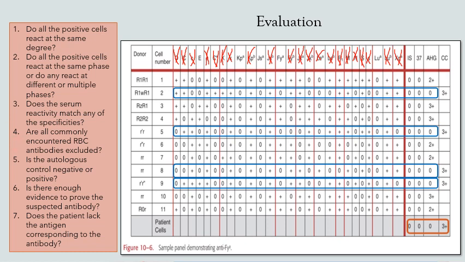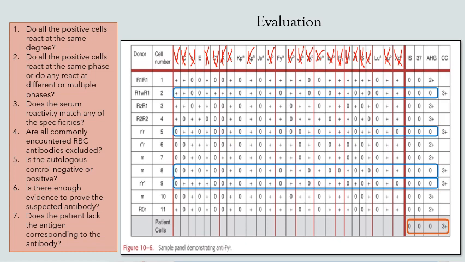What remains are E, KPA, JSA, FYA, and Lutheran A. So, after exclusion, we will proceed to inclusion.